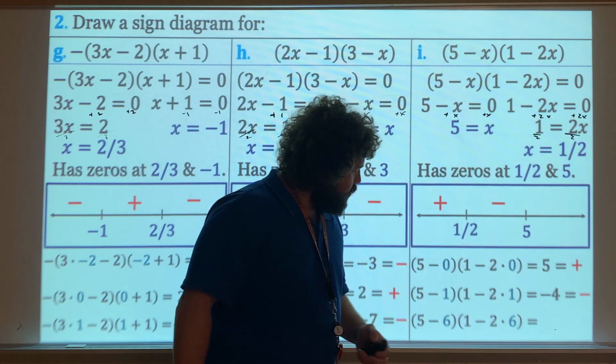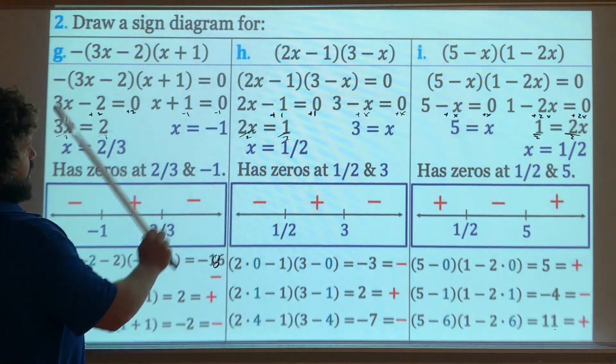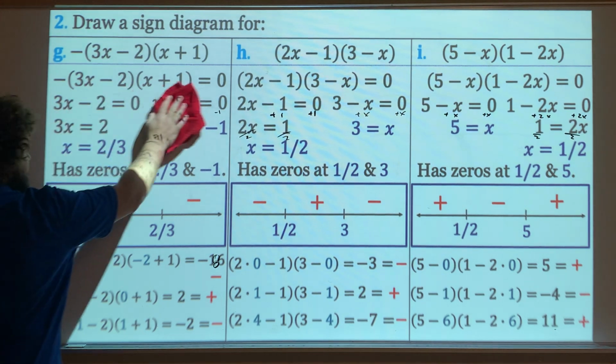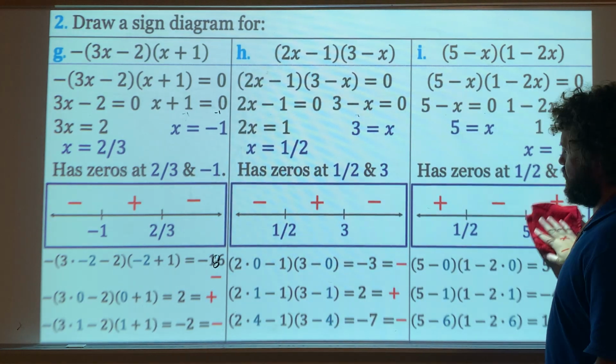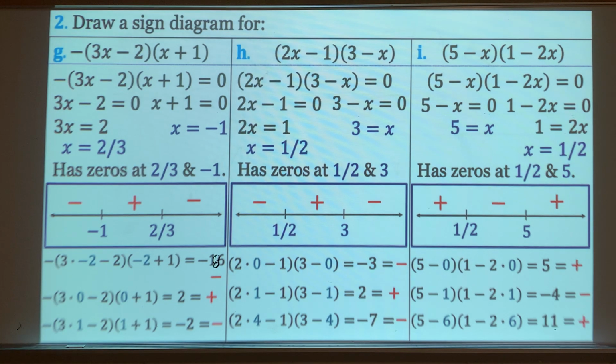Negative 11 times negative 1 is positive 11, which is a positive number. And you got your plus, minus, plus. All right? And that, my friends, is your answer. I think we get it pretty good. Only a couple little mistakes here. All right. So that gets done with that.